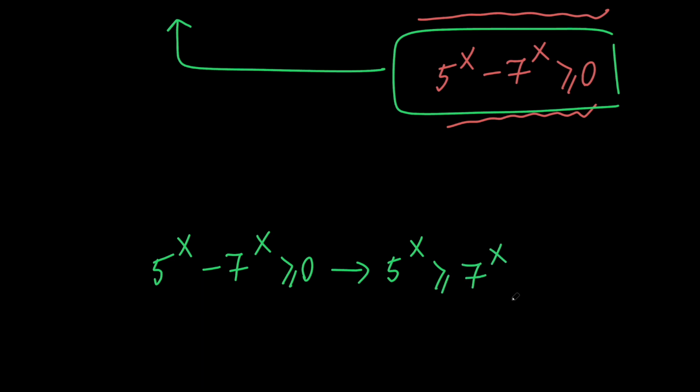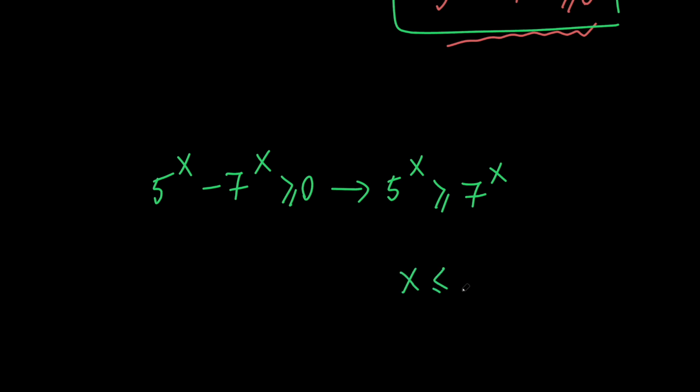And this is possible if x is less than or equal to 0. Because for negative exponents, 5 to the x is greater than 7 to the x, and for x equals 0, they are equal. Great, so we want x to be less than or equal to 0.